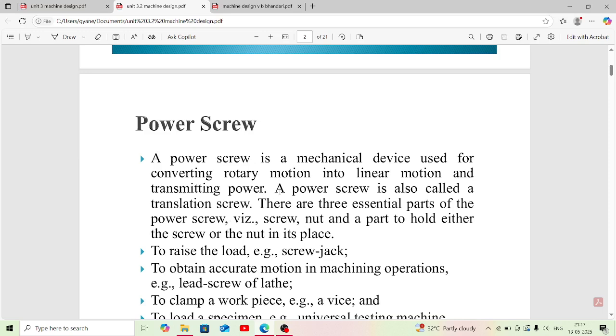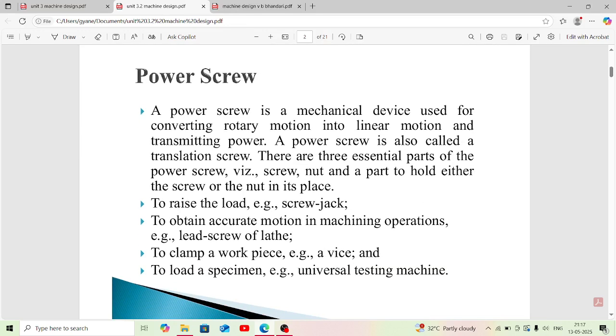Let's see the definition. A power screw is also called a translating screw because it converts rotary motion into linear motion. There are three essential parts of the power screw: one is the screw, the second is the nut, and a part to hold either the screw or nut in its place.